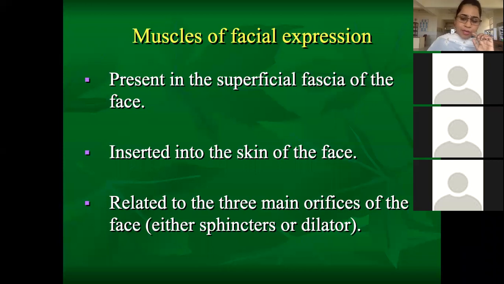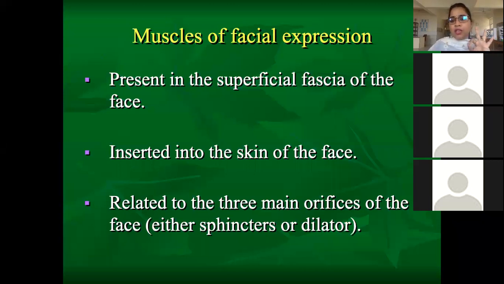The upper lip is called the superior labium. The lower lip is called the inferior labium. Everyone clear? Yes, ma'am. So the space between the labia is the labial aperture or labial fissure. Clear, all of you?